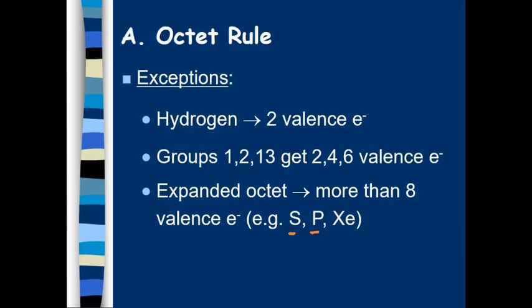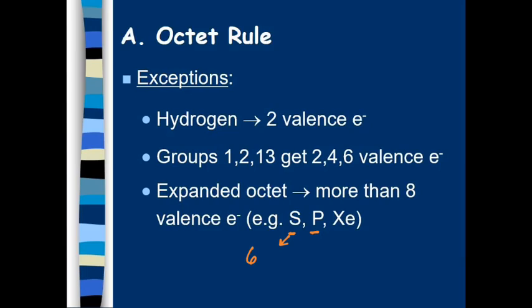And again, they have the ability, but they won't always expand. You know, sulfur and phosphorus are happy with an octet too, but occasionally they need more room and they can expand.